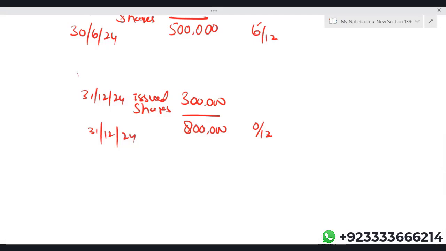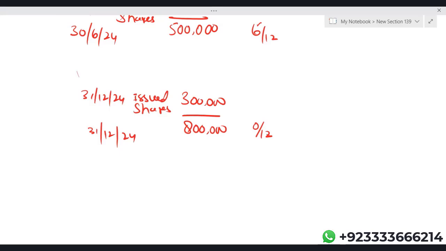So the logic is, if it comes in a multiple choice question, especially in theory, and the examiner says, does shares issued at the end of the year affect weighted average ordinary shares of that year? The answer is no. If you are issuing shares at the end of the year, it will actually have no impact on your weighted average ordinary shares.